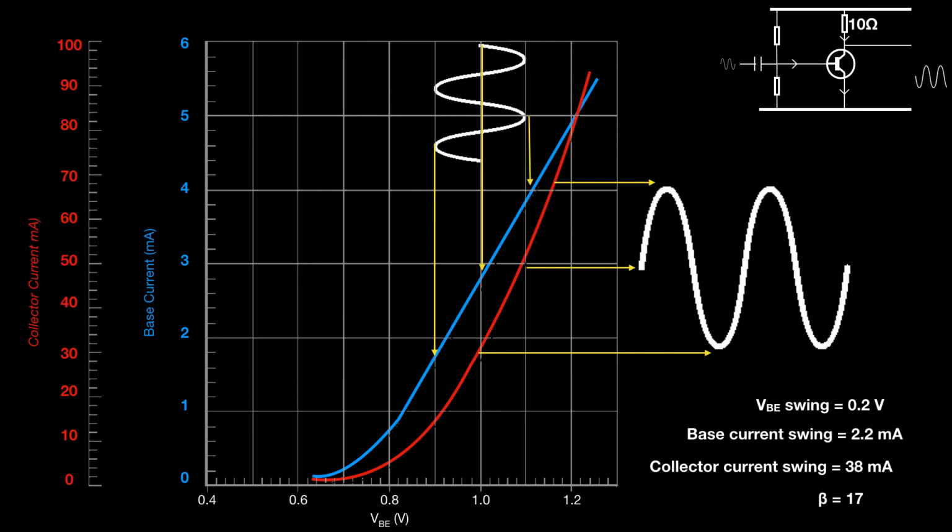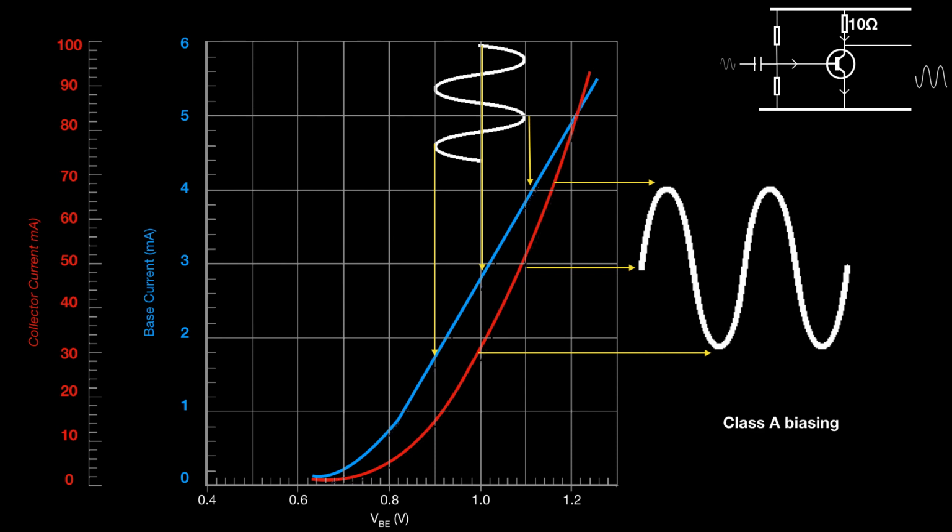So that gives us a beta for this transistor of about 17, fairly low, so we think this is probably a power transistor. And with the input signal being fully represented in the output, in other words, no clipping occurring, we can call this class A biasing, because it's all on the linear part of the curve. And the input signal's swing is not too great to drive us into the non-linear part of the curve, and certainly not into cutoff.